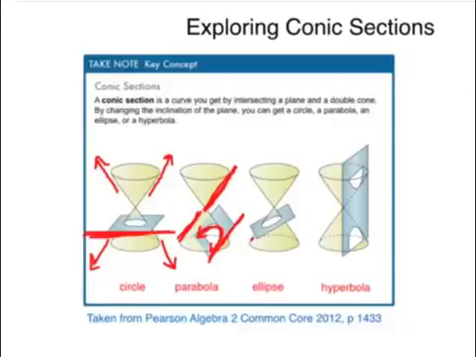But if the plane comes through and hits both edges of the cone, but doesn't go flat the way the circle did, where it's parallel to the base of the cone, then it will cause an oblong figure called an ellipse. There is a difference between the circle and the ellipse.